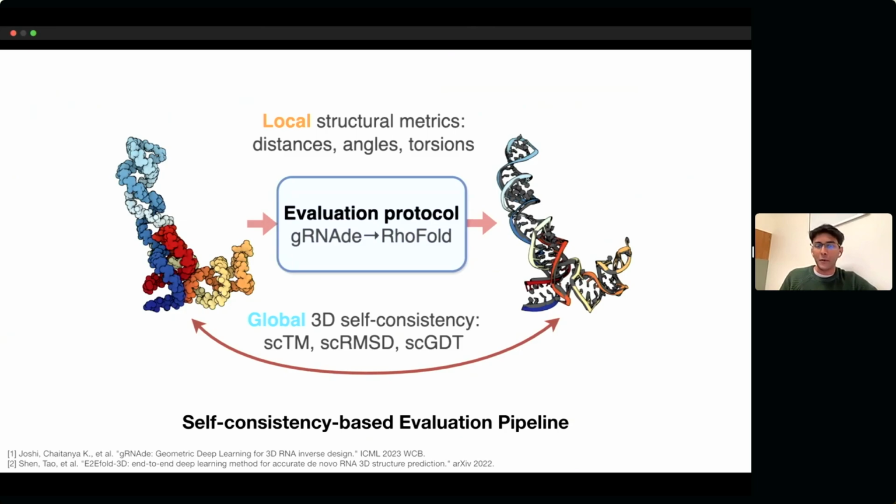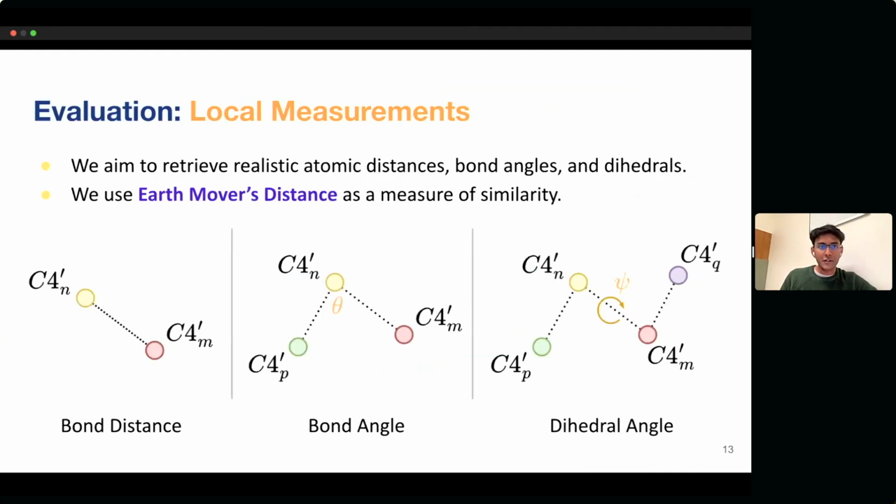So we've come up with a few local and global evaluation metrics to test and evaluate our model. For local evaluation, we hope to retrieve physical quantities, physical measurements like atomic distance, bond angles, and dihedrals. And coming from a computer science background, the Earth mover's distance is a very nice measure of similarity.